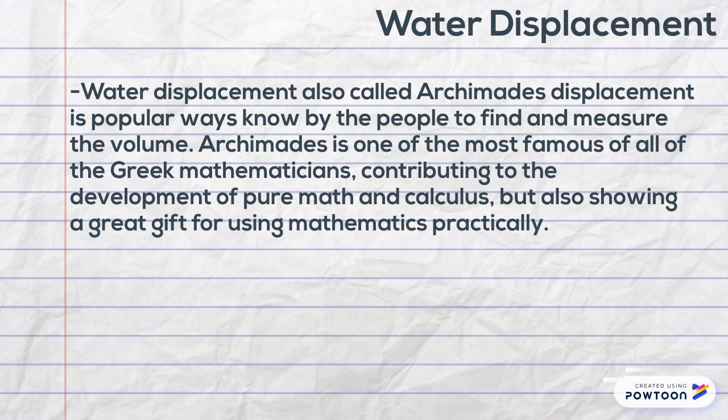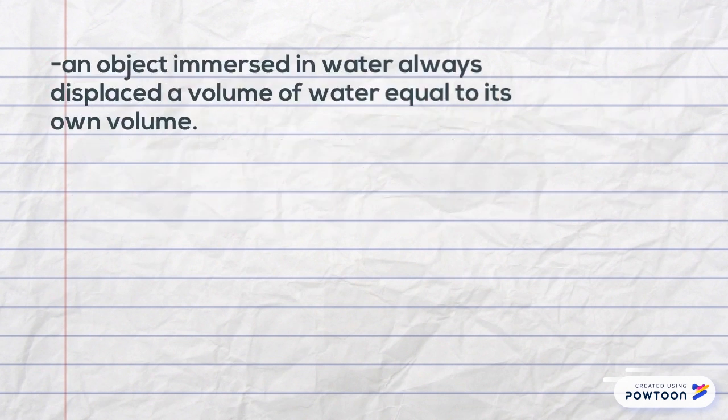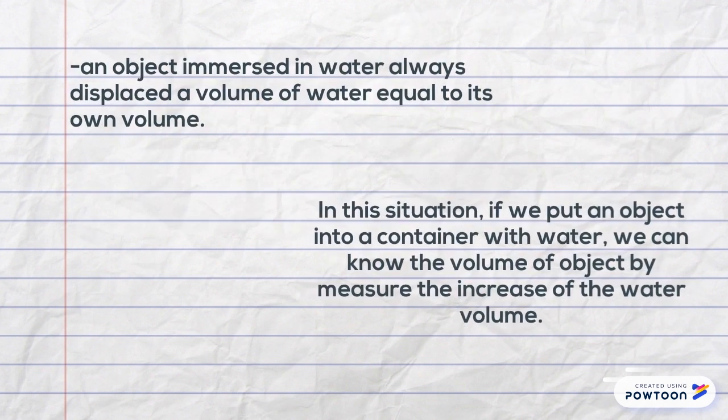Certainly, he related that all bodies lose a little weight when placed in water, and the bigger their volume, the more weight they lose. He related that the density of a metal can be found from its weight and its weight lost in water. In this assignment, if we put an object into a container with water, we can know the volume of the object by measuring the increase of water volume.